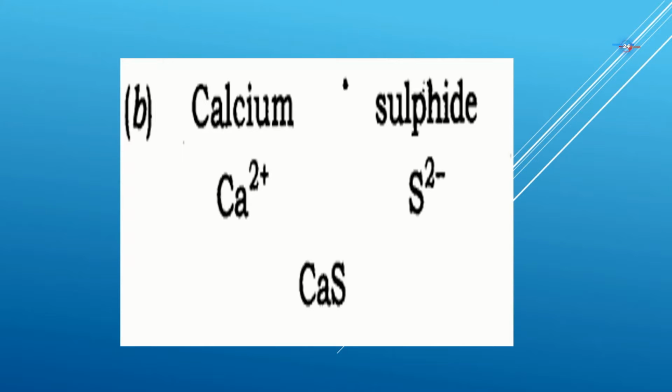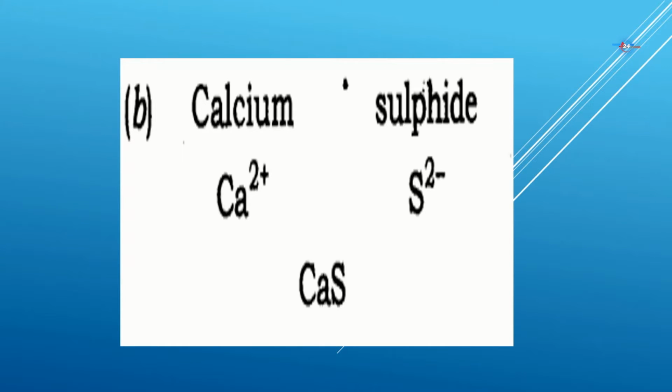A sulphide ion has a valency of 2 and oxidation number minus 2. Given that calcium has a valency of plus 2 and sulphide minus 2, you interchange the valencies when writing chemical formulas. Very important, you have to swap the valencies.